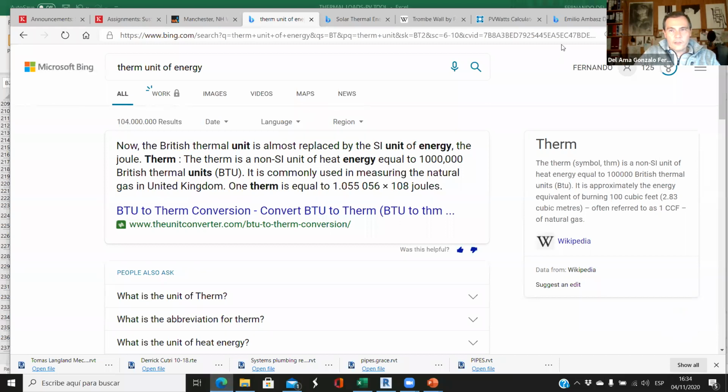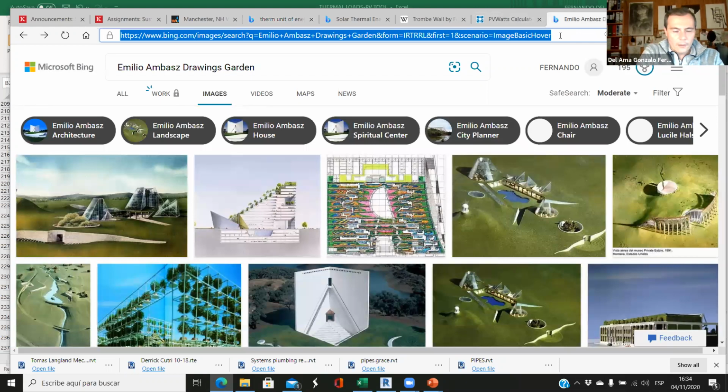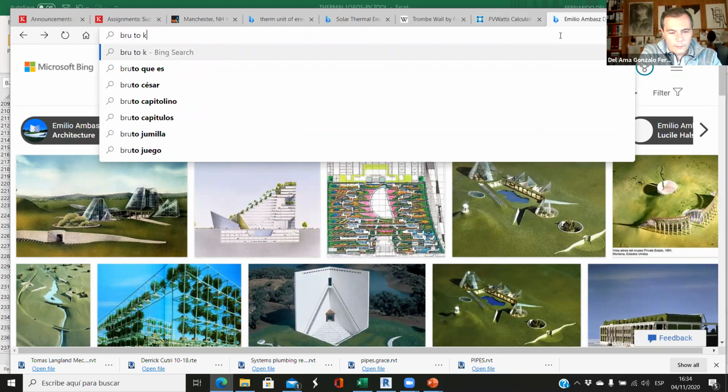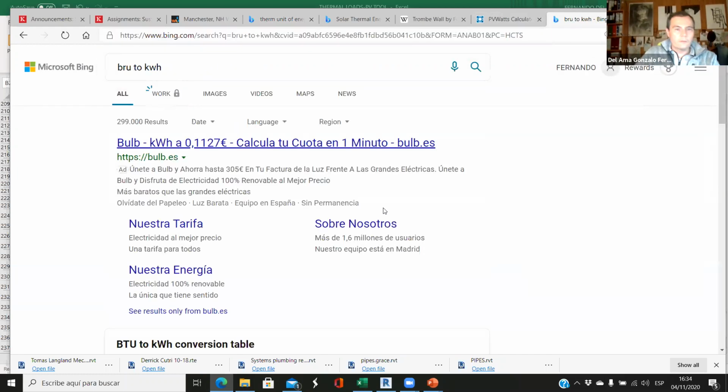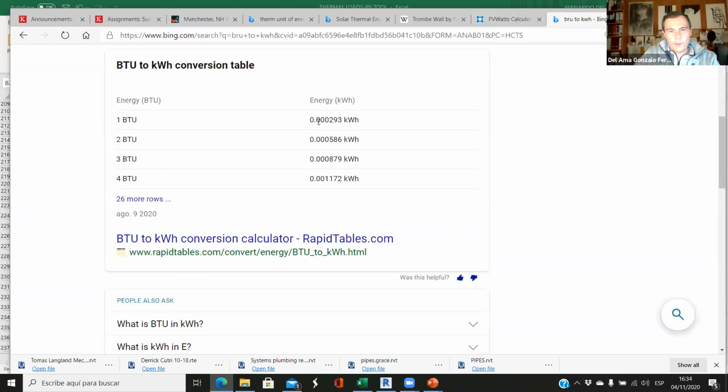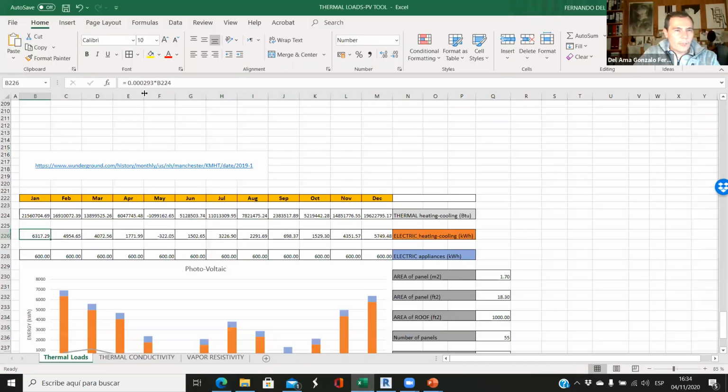So there is a conversion, BTU to kilowatt hour. 1 BTU is 0.000293 kilowatt hours. If you click here, I have multiplied this BTU times 0.000293, and this is kilowatt hours.